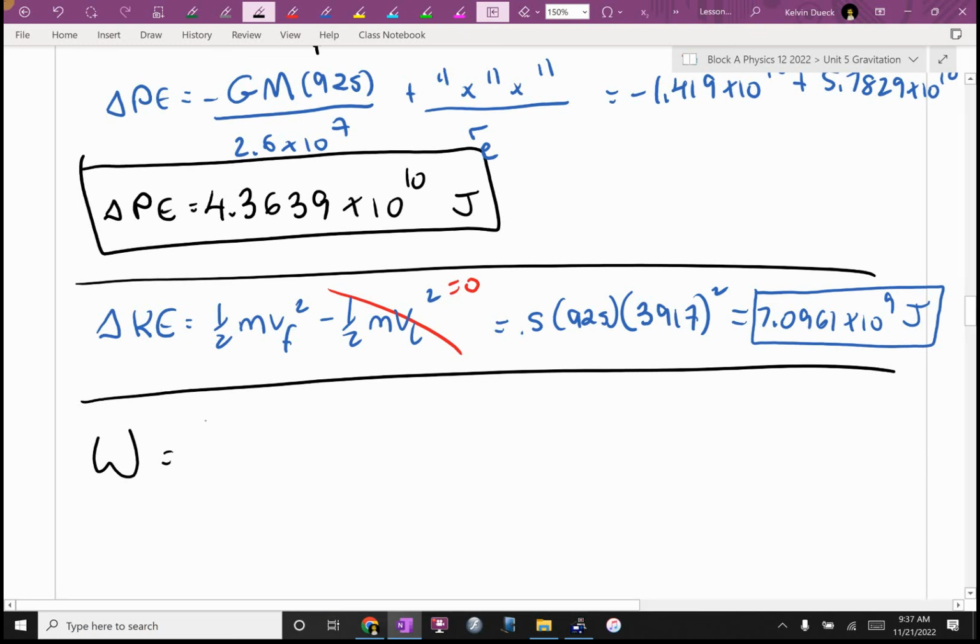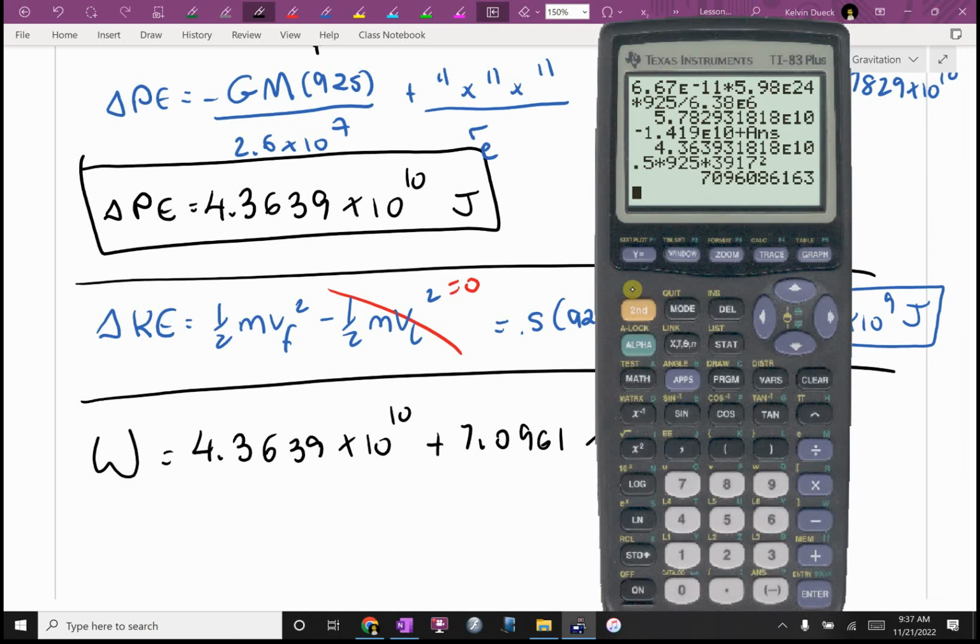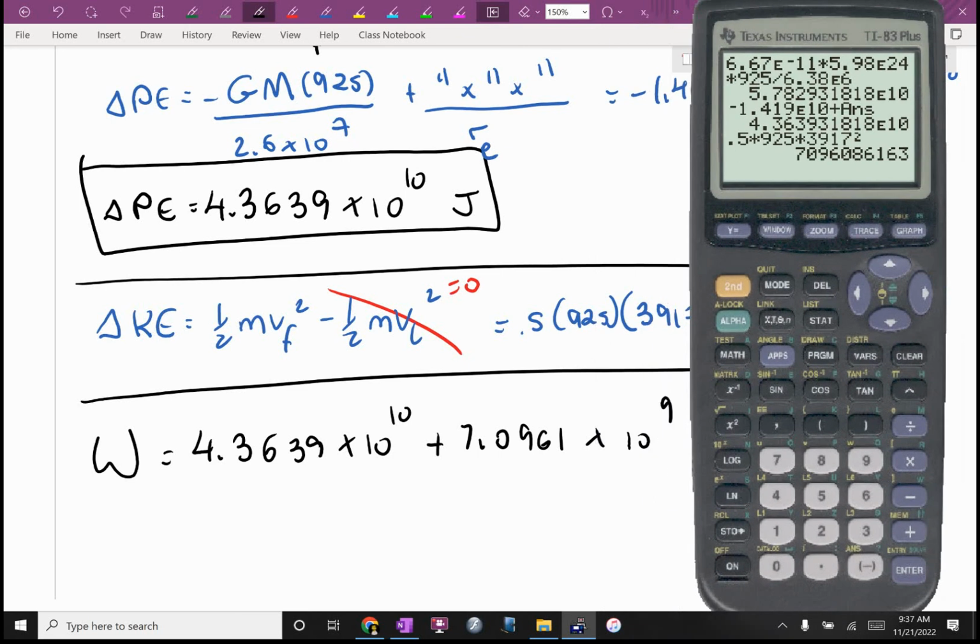Which is 4.3639 times 10 to the 10th plus, what did we say that work was equal to? Change of potential plus, which is 7.0961 times 10 to the 9th. Whew! No pun intended, this is a lot of work.